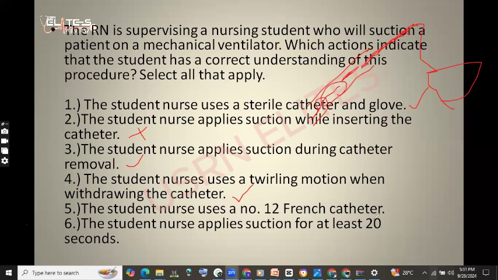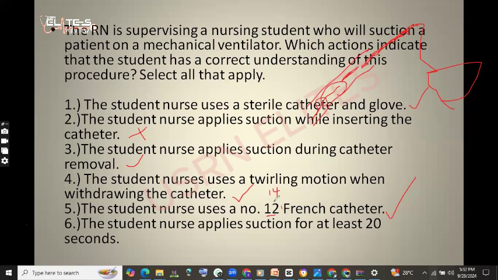The student nurse uses a number 12 French catheter. Okay, this one depends. The size is very dicey. The size will depend on the size of the endotracheal tube which is in situ. But mostly for adults, between 12 and 14.